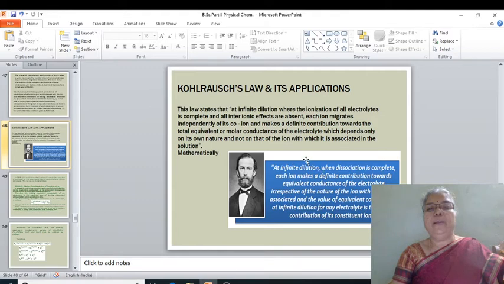Once again, I will tell you the statement of the Kohlrausch law. At infinite dilution, when dissociation is complete, each ion makes a definite contribution towards the equivalent conductance of the electrolyte, irrespective of the nature of the ion with which it is associated, and the value of equivalent conductance at infinite dilution of any electrolyte is the sum of contributions of its constituent ions.